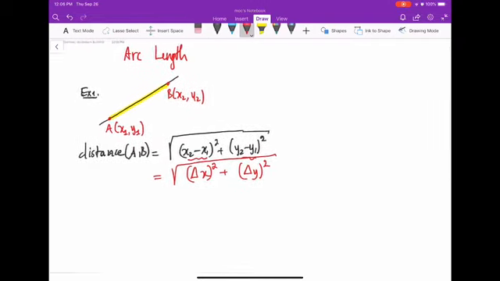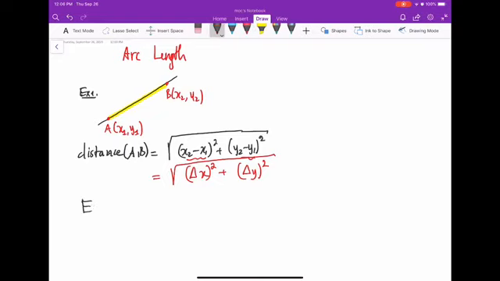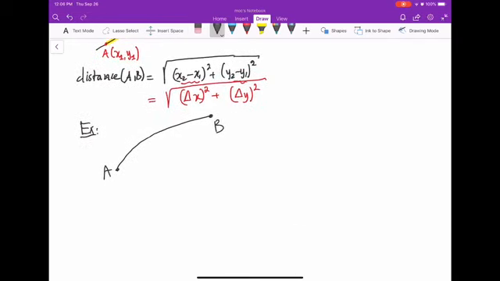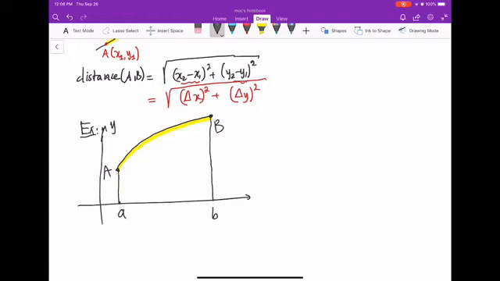And now, if you have 2 points on some curve, and I really want to find the arc length, how do we do that? Suppose this is A and this is B, okay?